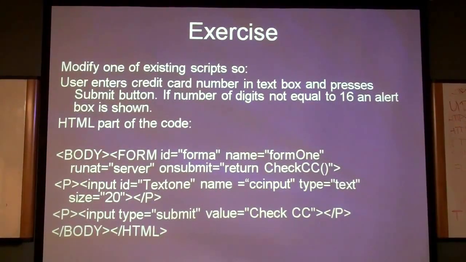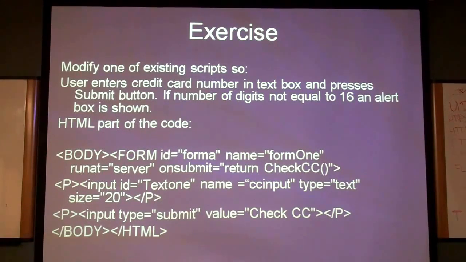So here what happens is that this is the existing code, and you may also use the existing code which we have previously, but this text field is supposed to accept a credit card number. So you can take the code from slide 58.